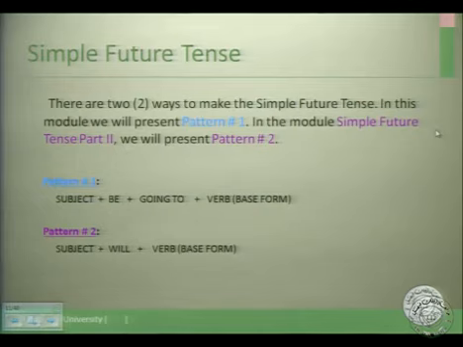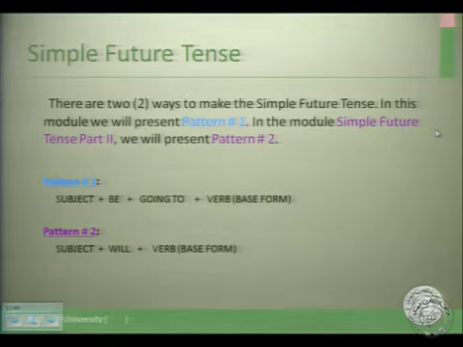Going to, I would say, is for the immediate future, for the very close future, something that's going to happen, for example, in a minute or 1 day or 2 days. Will is for the far future, something that's going to happen maybe in 1 year or 1 month. It depends on your situation. So this is a very slight difference.